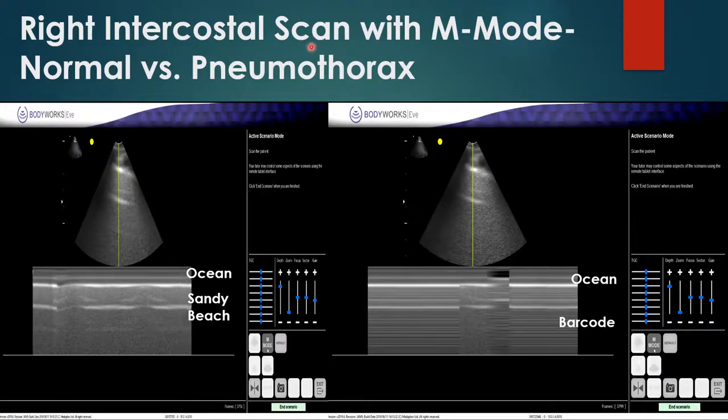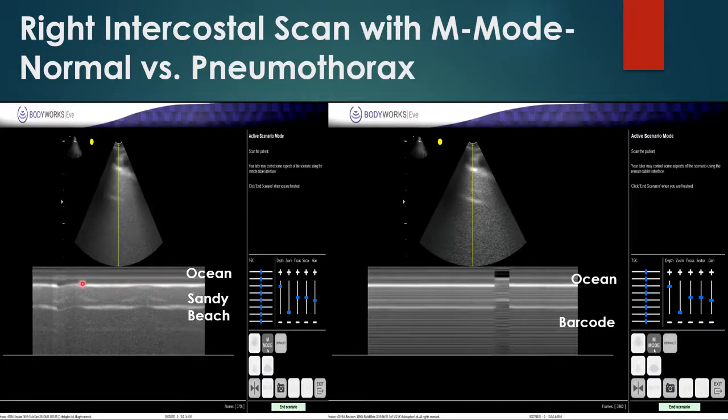If you're looking at pneumothorax and trying to evaluate that along with your standard 2D scanning or B mode, you can also use M mode, where you put the transducer on the chest wall and you're getting a slice through this 2D image here. So you've got the parietal pleura and the visceral pleura.